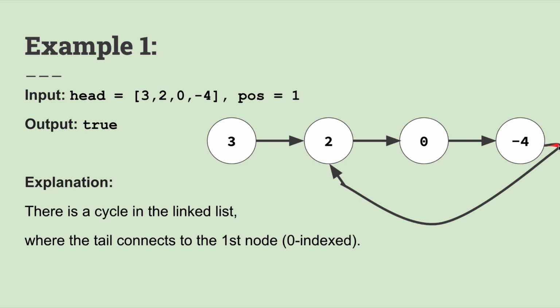When the tail connects back to the node 2, this node 2 is already in the set. Means this node is already in the hash set, right? It means there is a cycle, right? And then we should return.